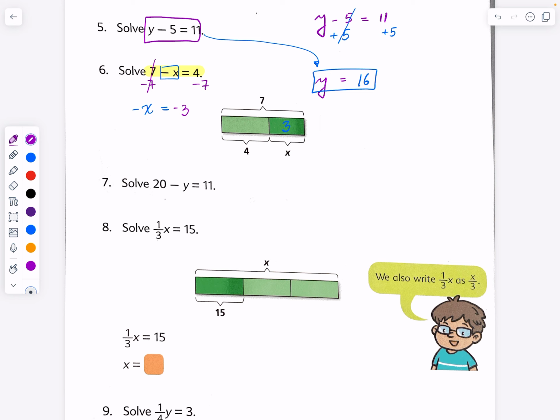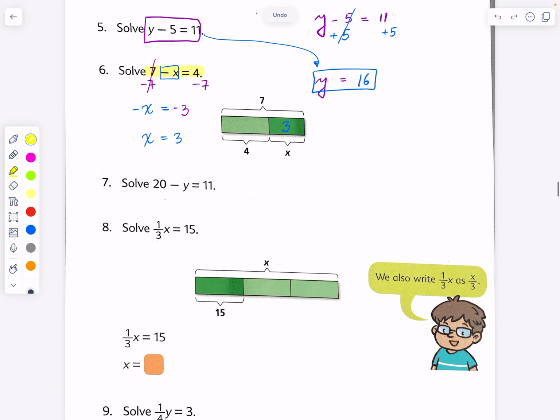Negative x equals negative 3. Except we never wanted to solve for negative x. We need to solve for x. We must negate the answer and look at the opposite. Therefore, if negative x equals negative 3, positive x equals 3. We will get into more details of this in next lessons in algebra.